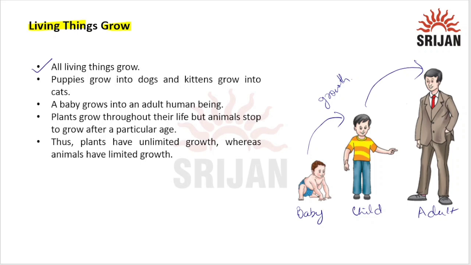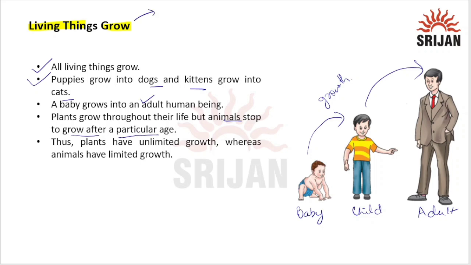Puppies grow into dogs, kittens grow into cats, and a baby grows into an adult human being. Plants grow throughout their life, but animals stop growing after a particular age.